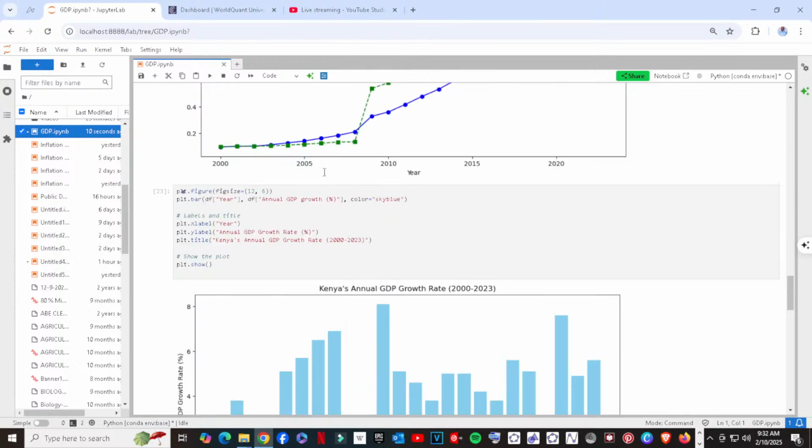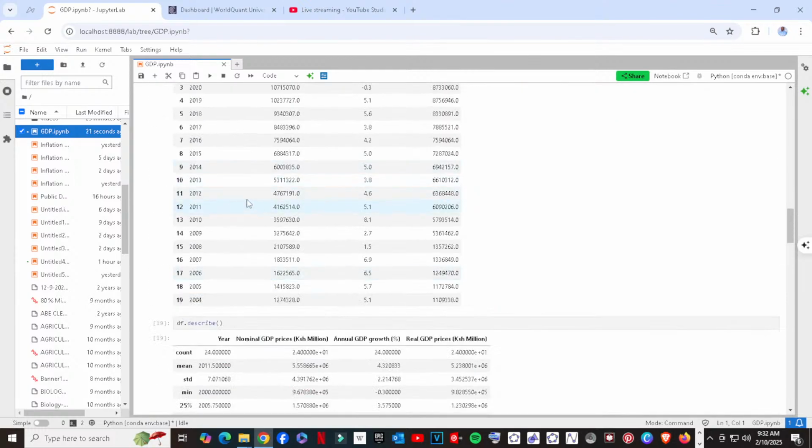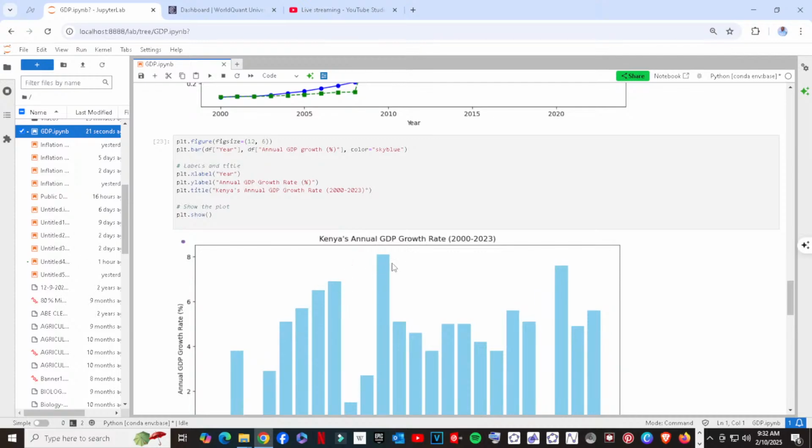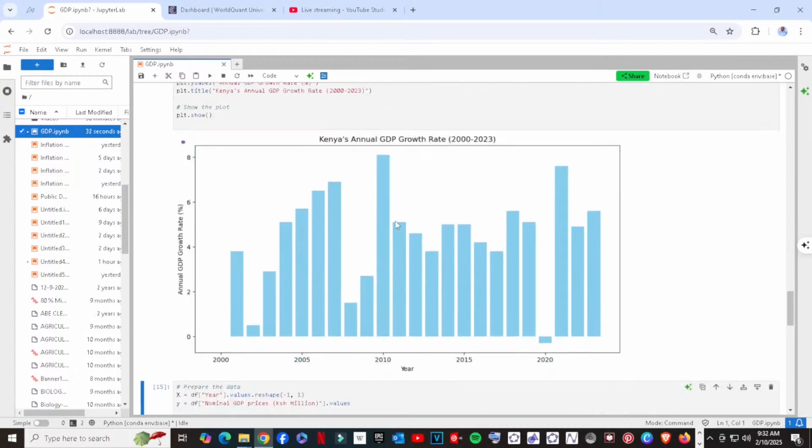So in 2010, let's see, where's 2010 here? It's here. Yeah, we see it's about 8.1. So that is the highest ever GDP growth rate recorded in the country since 2000, going by the data from 2000 up to where we are.